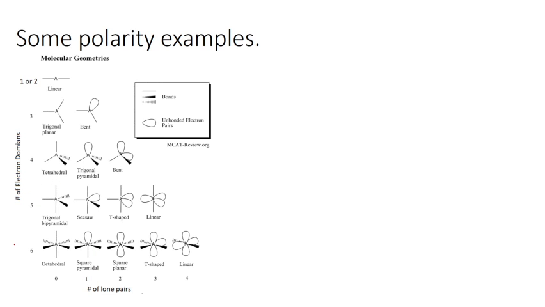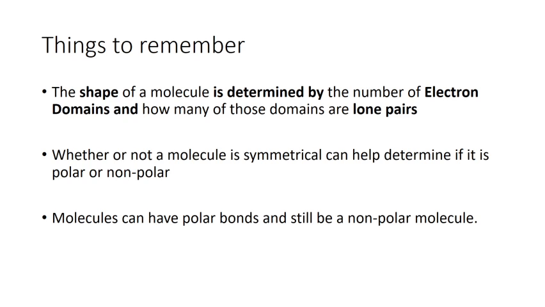We will do more practice and examples like this in class, so I will leave it there with those two examples for this video. So now some things to remember. The shape of a molecule is determined by the number of electron domains and how many of those domains are lone pairs. Whether or not a molecule is symmetrical can help determine if it's polar or nonpolar, and molecules can have polar bonds and still be a nonpolar molecule.